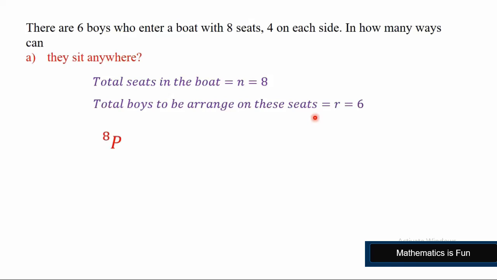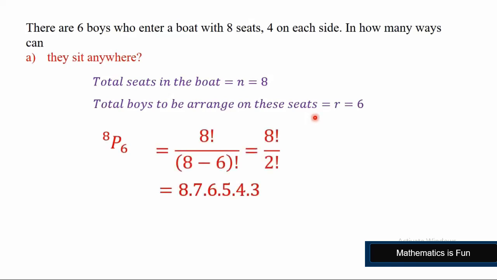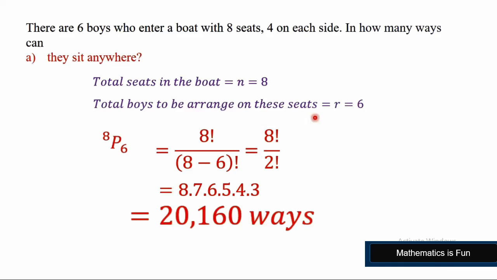So here we have 8P6 different ways to arrange them. So it is 20,160 ways in which we can arrange these 6 boys on 8 seats of the boat.